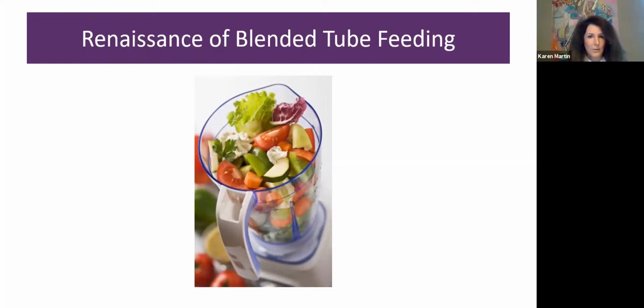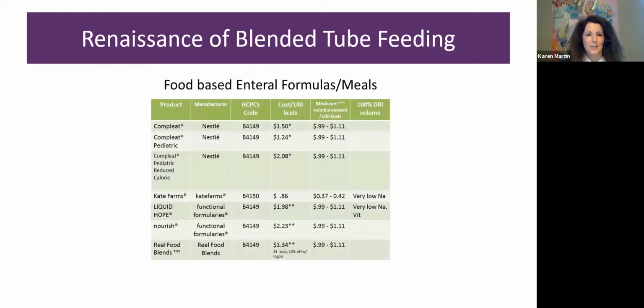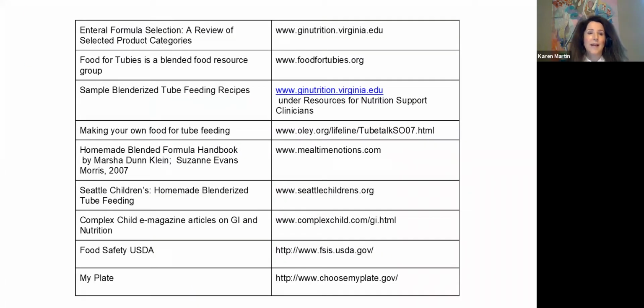I do also let folks know that being a caregiver for someone with ALS is a lot, and it's okay to use formulas. Some families like to do this, and if that's the case, I've provided some resources here on blended feedings for you as well.